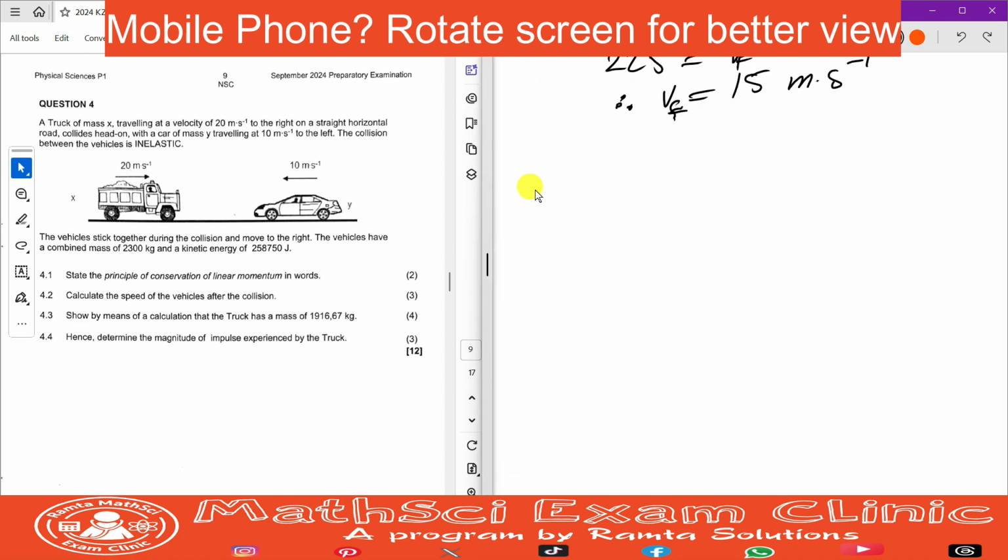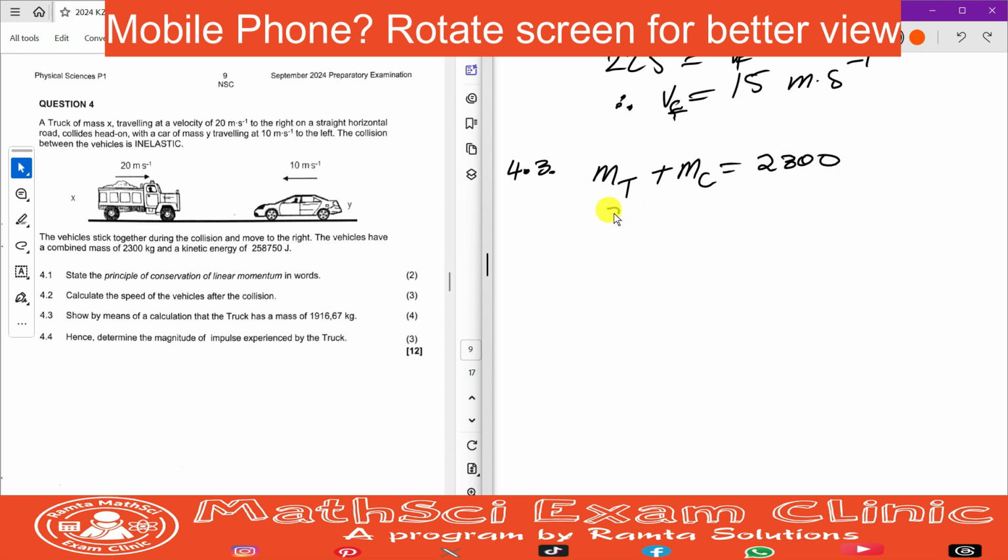Now let's check 4.3, for 4 marks. Show by means of a calculation that the truck has a mass of 1,916.67 kilograms. So you and I, we know mass of the truck plus mass of the car is 2,300.